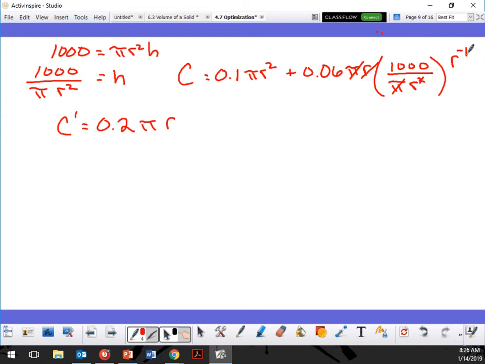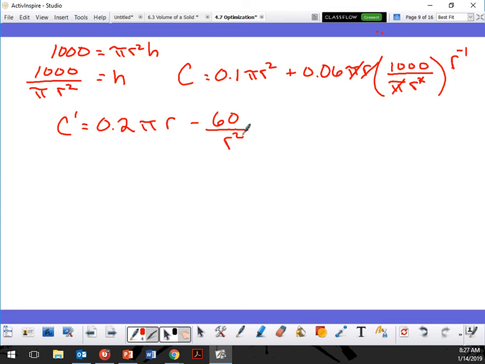And now let's take the derivative. What would this do? It'd make it a negative 60 over r squared. Very good. Because I'm going to subtract 1. So negative 1 minus 1 gives me that negative 2. And then that's going to make that one become with 2 down here.